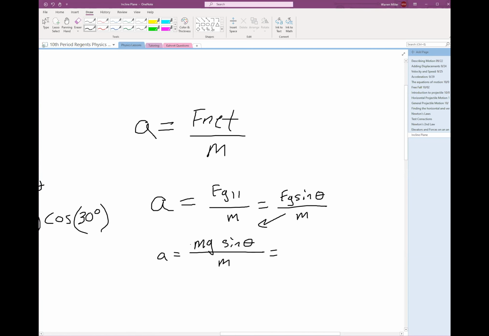But there's an m on top and an m on bottom, and so they just cancel each other out because you're dividing it by itself. So you find that the acceleration down the incline is just g times sine of theta. Acceleration equals g sine theta. This is the acceleration for any object going down a frictionless incline.